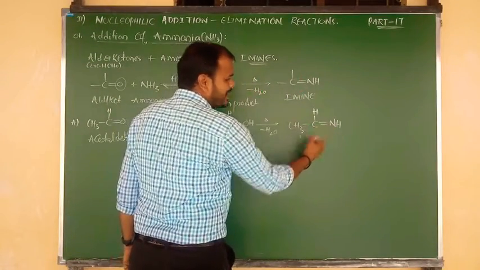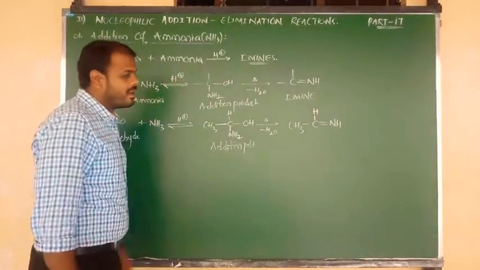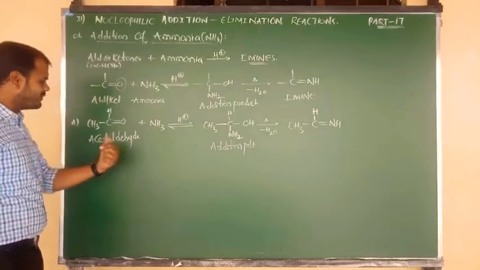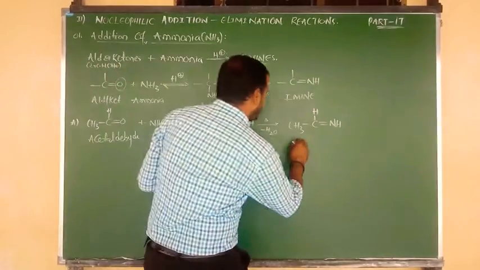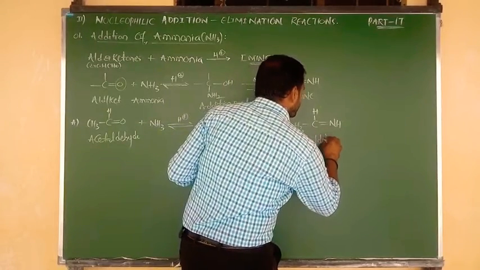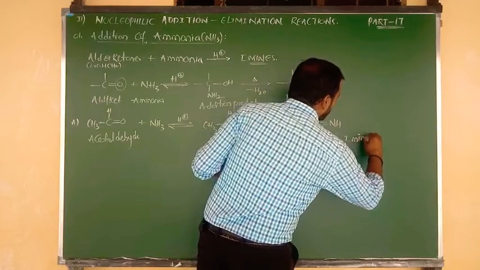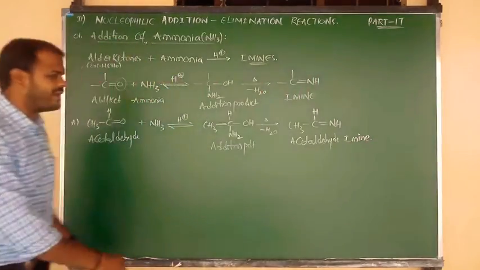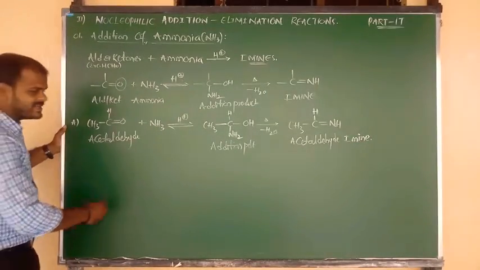Again there is a carbon-nitrogen double bond, so it is an imine. Which compound does this imine come from? Acetaldehyde. So the product name is acetaldehyde imine, and the addition intermediate is formed from the main reactant acetaldehyde.